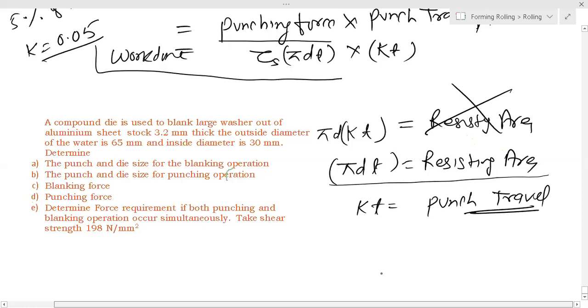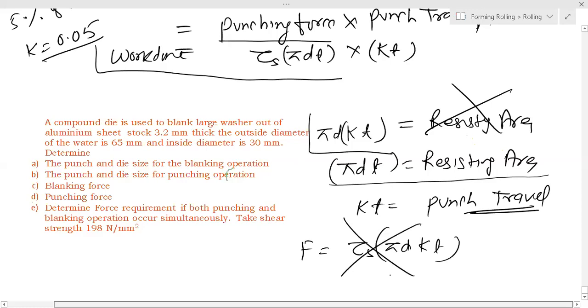Punch travel k, we will not use this area. F is equal to tau s pi d k t. We will not use this until it is mentioned. Clear?